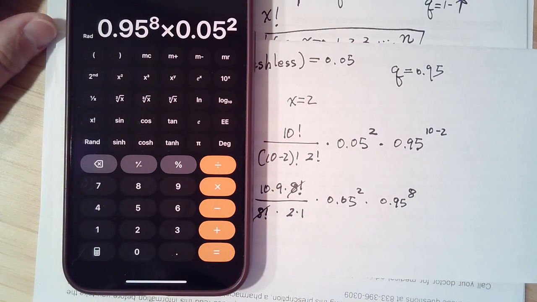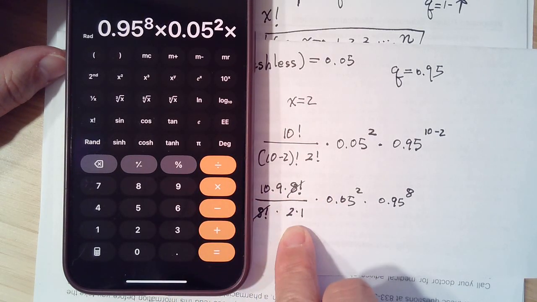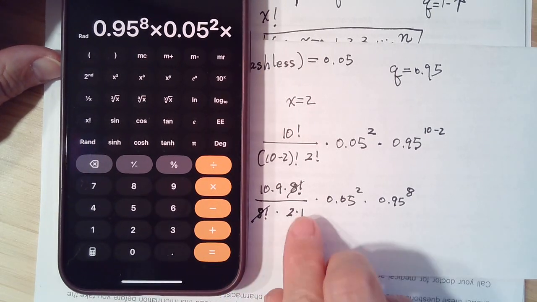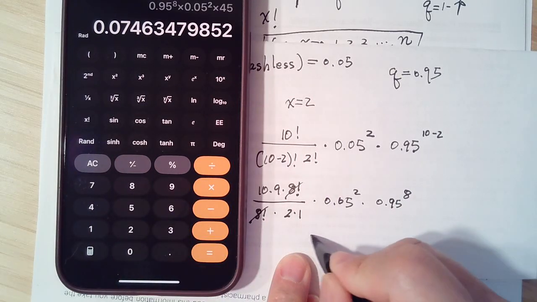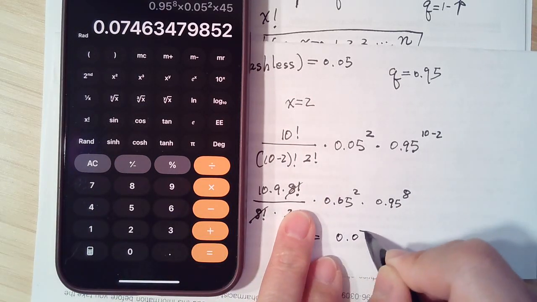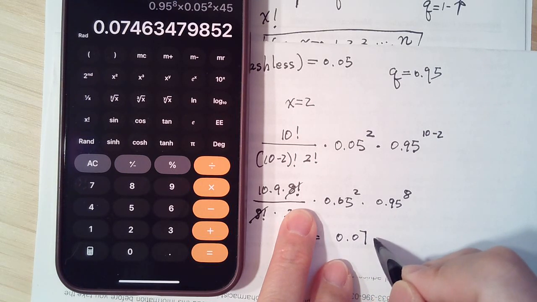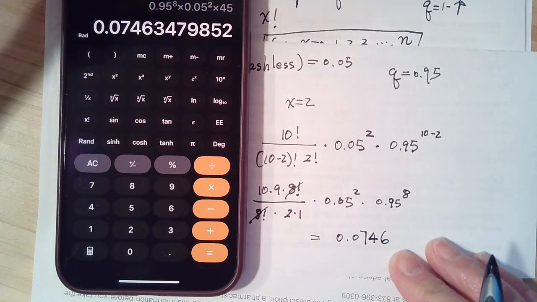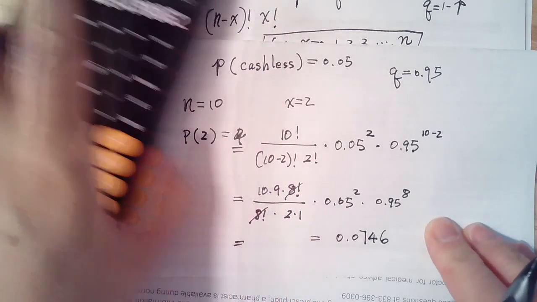Then you multiply by 10 times 9 over 2. Well, this one you can just do by heart, because 10 times 9 is 90, divided by 2 is 45. So I just go ahead and press equals, and that answer is 0.0746. I like to keep 4 decimal places if possible. So 4, 6, because the next digit is a 3, so I don't keep that. All right, so that's my probability distribution, the P of 2.